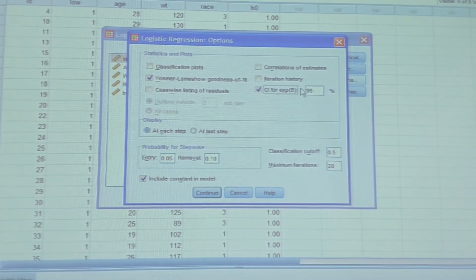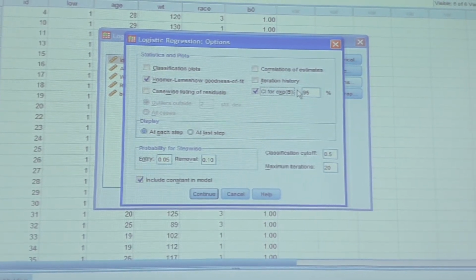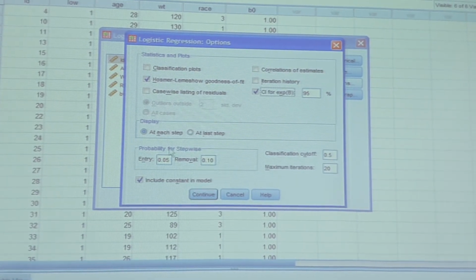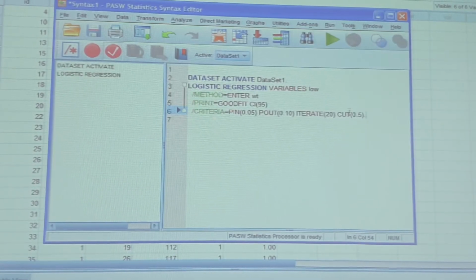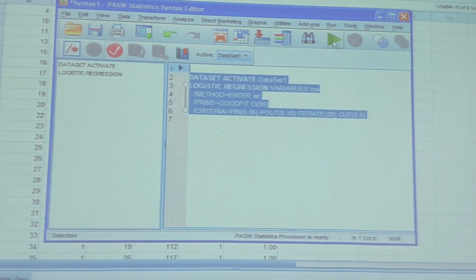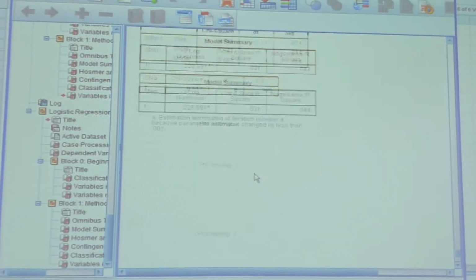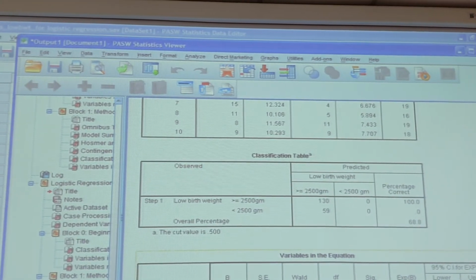Click on this, and the output will show you the 95% CI. So you can run it. Can you get that, the 95% CI here?